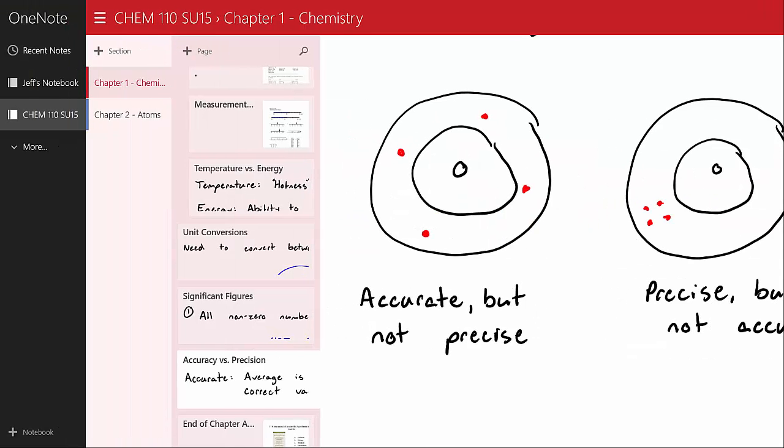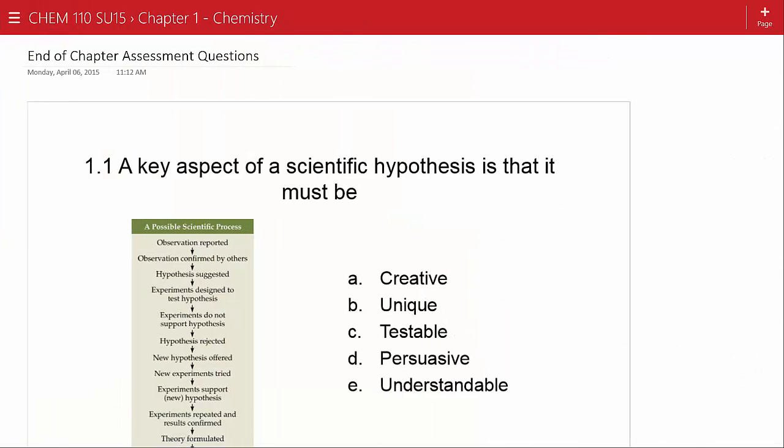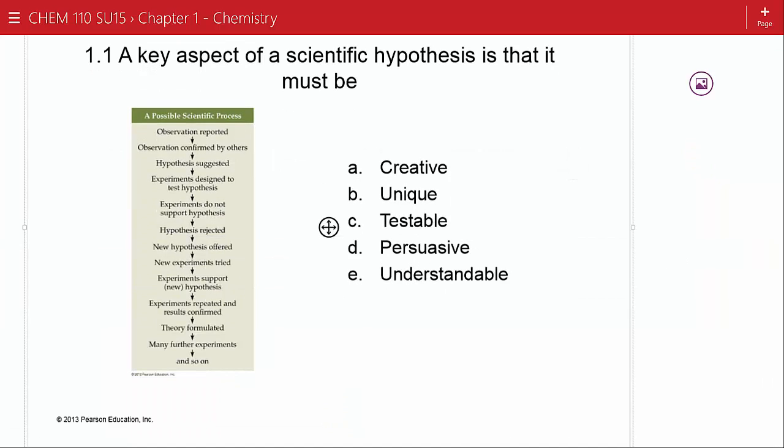All right, let's do some practice questions before we go on to the next chapter. These are similar to questions you might see on a quiz or an exam for this class. So let's do the first one. A key aspect of a scientific hypothesis is that it must be creative, unique, testable, persuasive, or understandable.